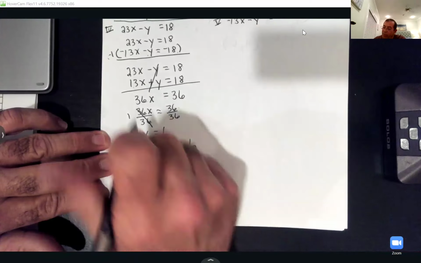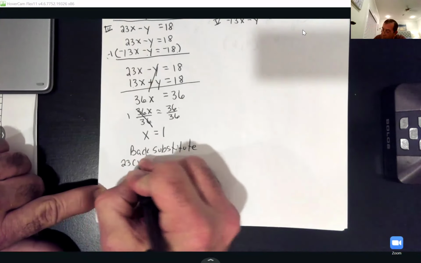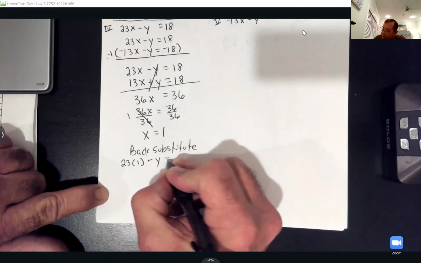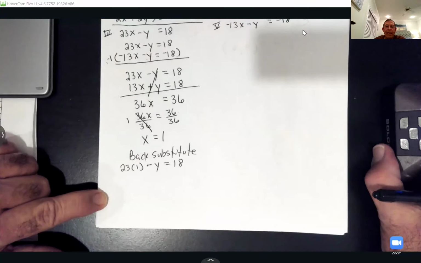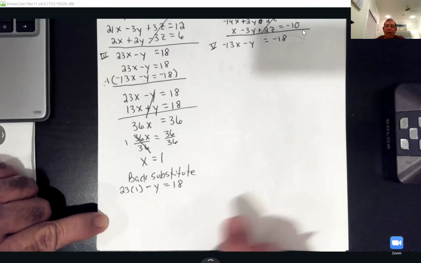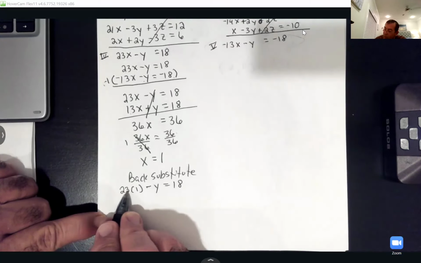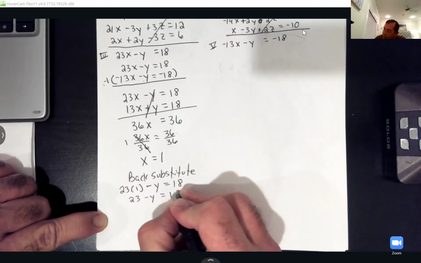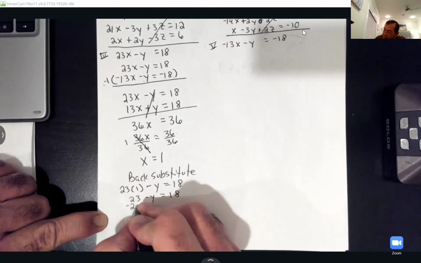So y'all, I'm just going to use this first one. 23 times x, which is 1, minus y equals 18. Okay, I'll solve that. Once I got that one solved, I'll go after the z, okay? 23 times 1 is 23 minus y equals 18. Subtract 23 from both sides.